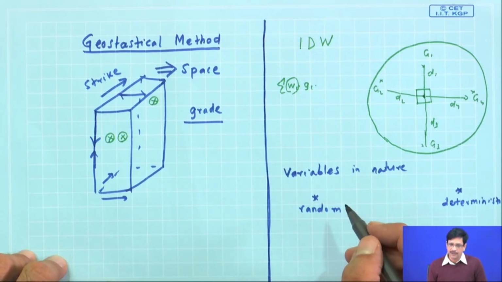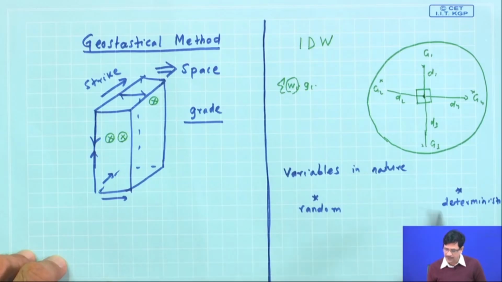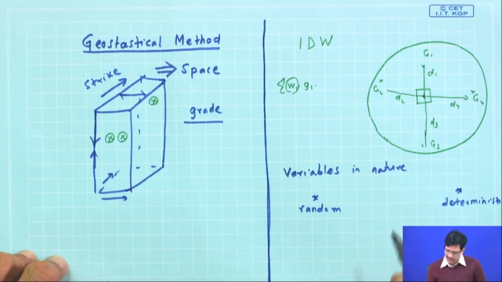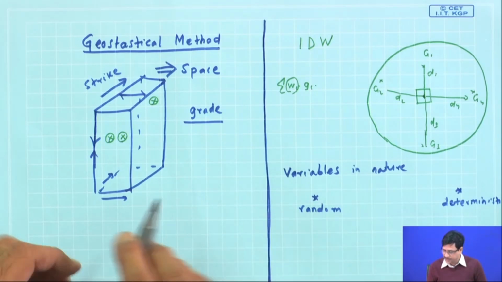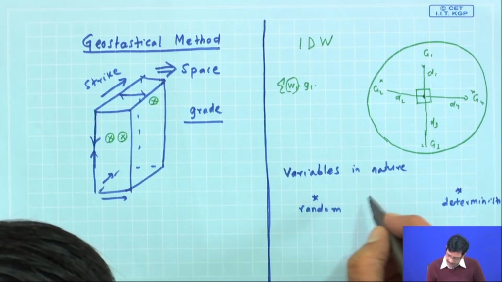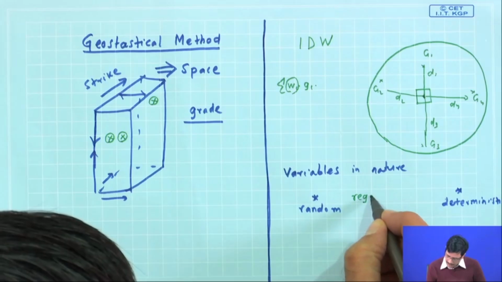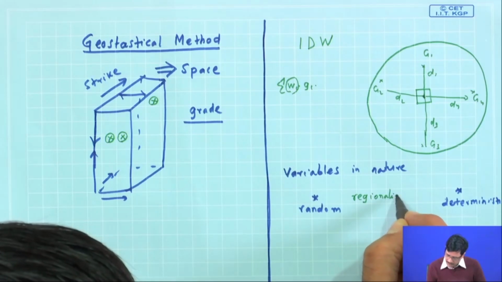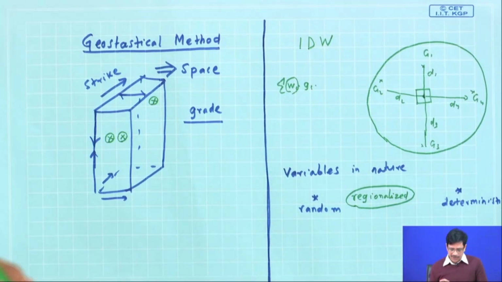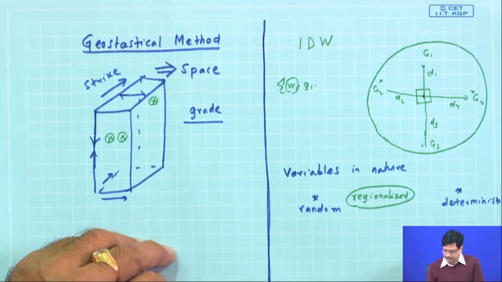Now, can we think of a situation where a variable will behave somewhere intermediate between truly random and truly deterministic? That we will call a regionalized variable.